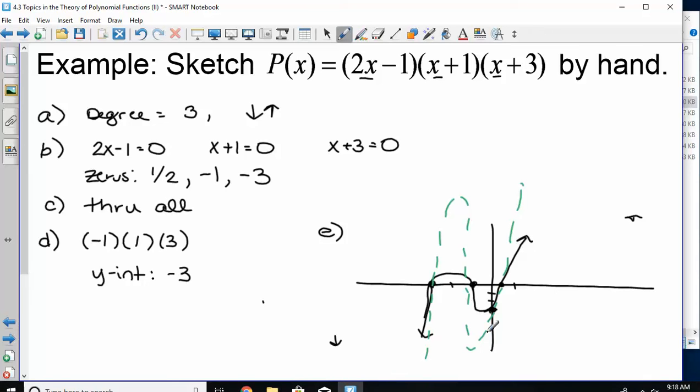You could always at the end, good idea if you're not sure, plug that original into your graphing calculator and kind of compare. So why don't you do that real quick and check to see how our graph compares to the actual.